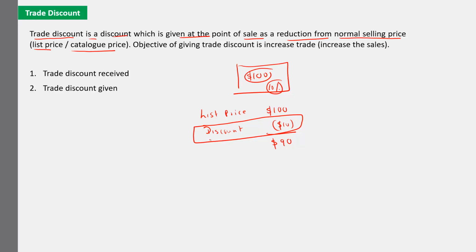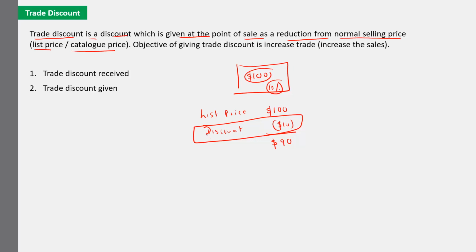So simply what you have to remember: trade discount means a discount that you are getting at the time of purchase, or when you are selling something at the time of sale, if you are making some reduction from the list price, or the catalog price, the reduction that you are making or getting, we will call it a discount.